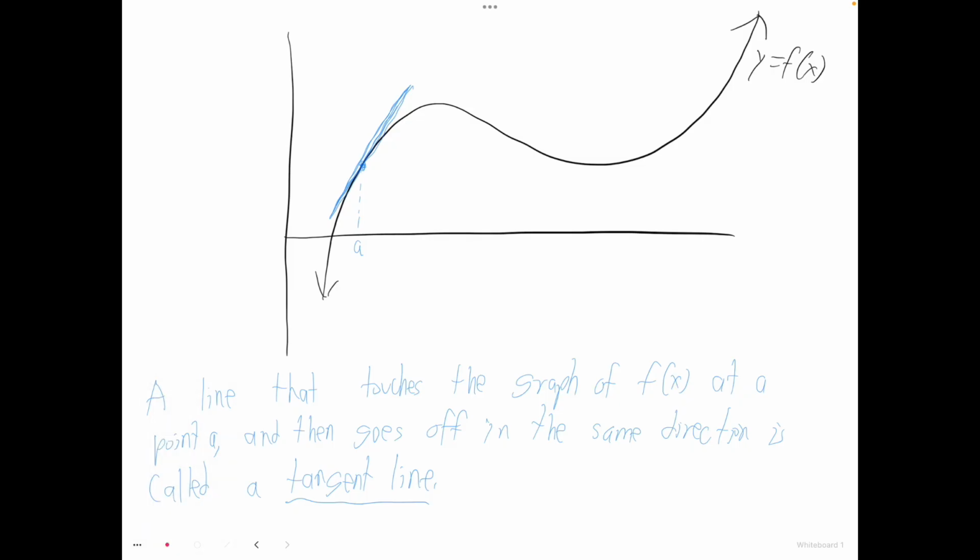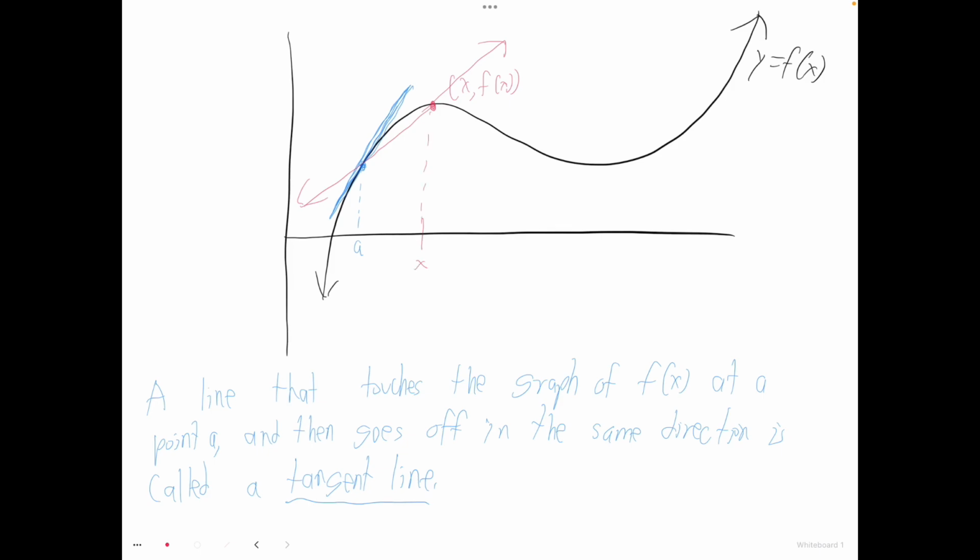Now, the way we're going to do this is using our tool of limits. So we're going to pick some other point here, say x comma f of x, and with 2 points, we can draw the line between them. And then we're just going to take the limit as this point x approaches the point A. So x is down here.